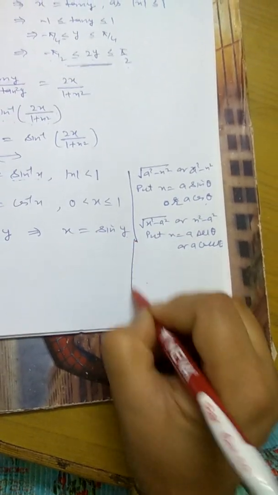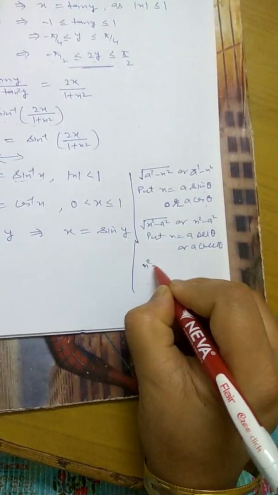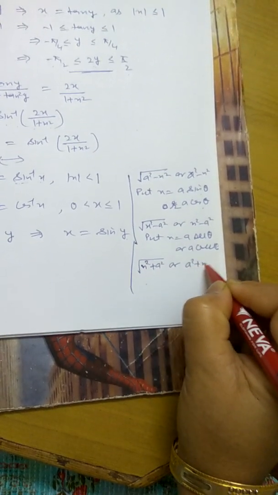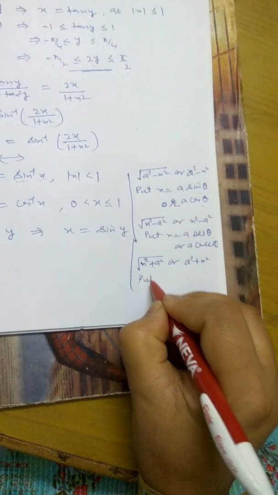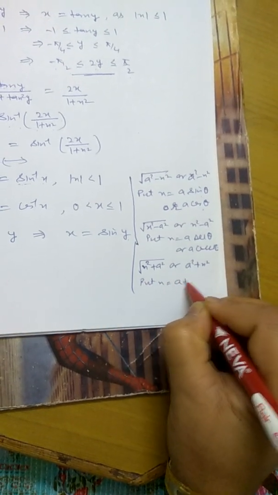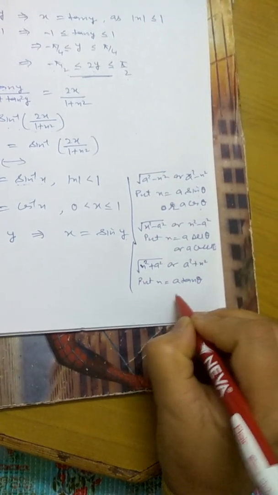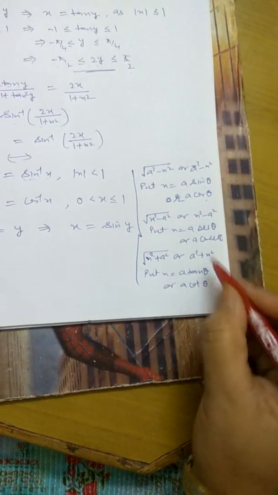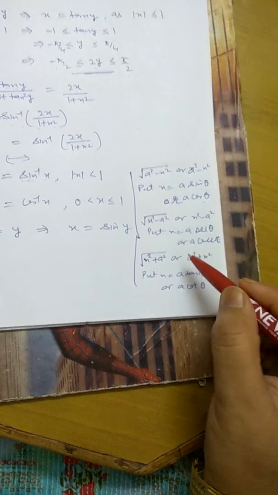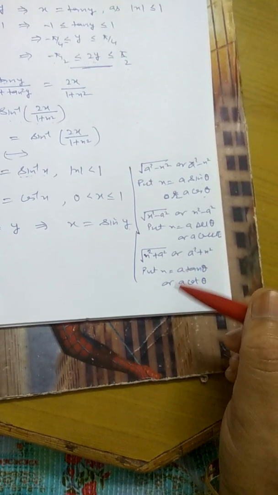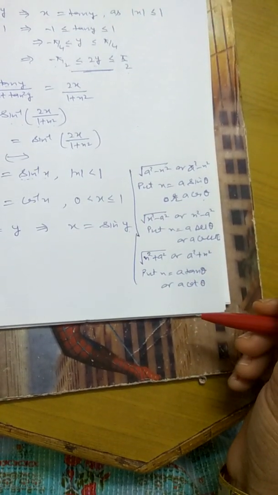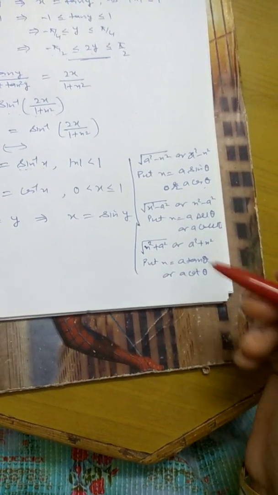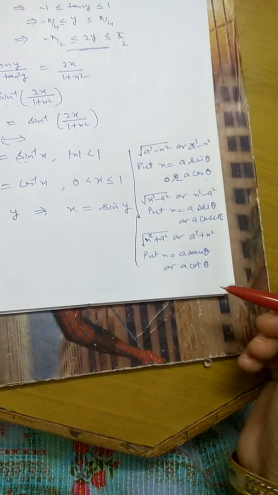And when the term contains root of (x square plus a square) or a square plus x square, then you have to put x is equal to a tangent theta or a cotangent theta. If we take these substitutions, then the function becomes very easy. Function in the simplest form, and therefore it becomes very easy.